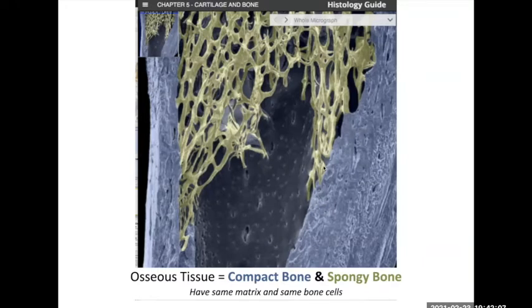You could take that same metal and form these struts, like a jungle gym or something, and form it this way: same material, different organization. It's the same way with compact and spongy bone. They have the same matrix, they have the same bone cells. They're just organized differently. And the location is spongy bone on the inside, compact bone on the outside.